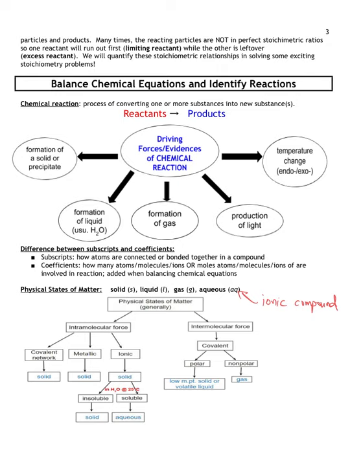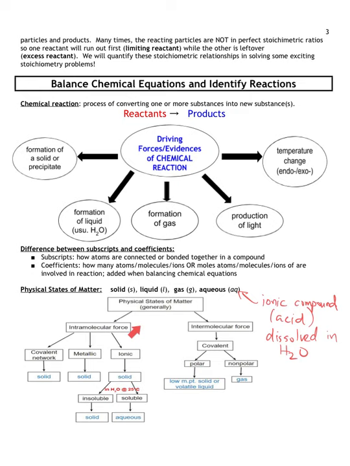Now, it could also be a covalent compound, but that covalent compound is usually an acid. So it could be an acid dissolved in water. Now, the word aqueous has the word aqua in it, and aqua is water, so that is suggestive that the medium, the solvent, is water.